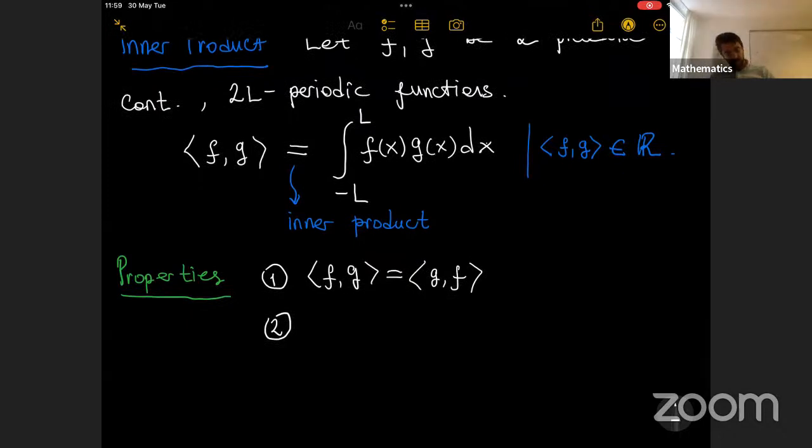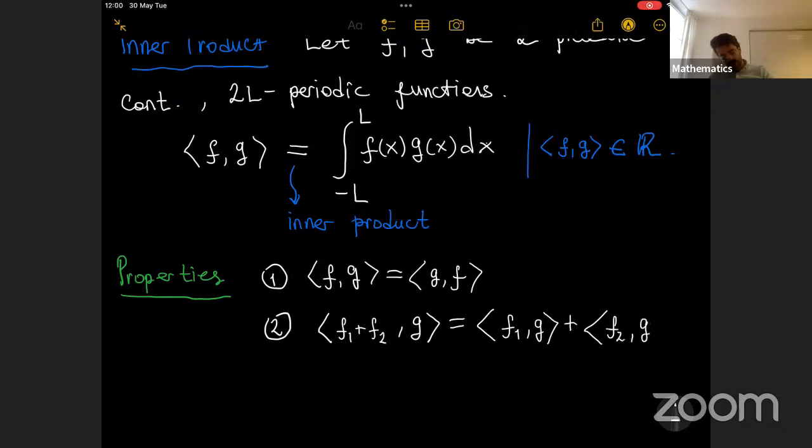Second, f1 plus f2 is a function, and you take the inner product of this with g, it's nothing but the inner product of f1 with g plus the inner product of f2 with g. So basically you can split inner product into two parts like this.